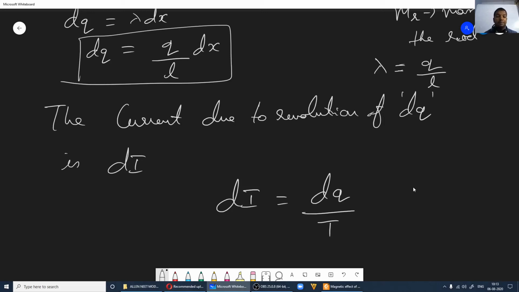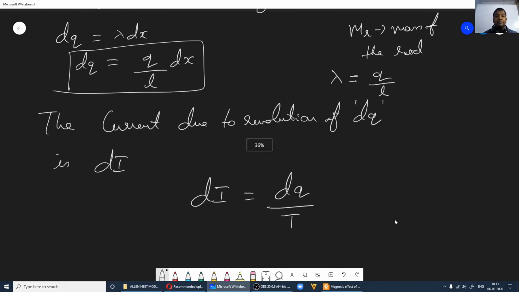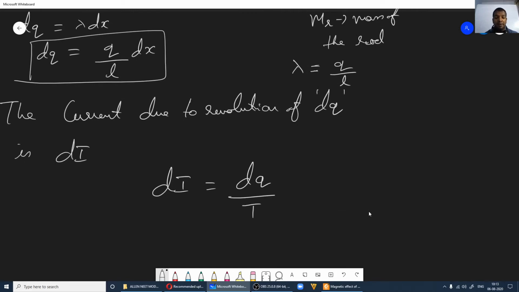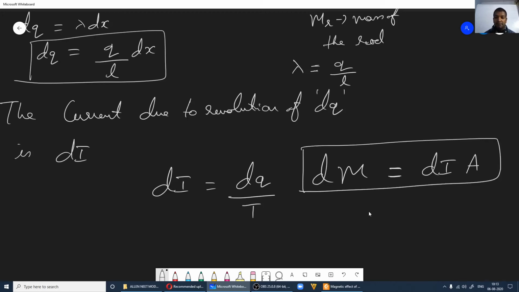Fine. Now if I write for m, the corresponding magnetic moment, I can write it as dm equal to di into A, going by m is equal to iA.